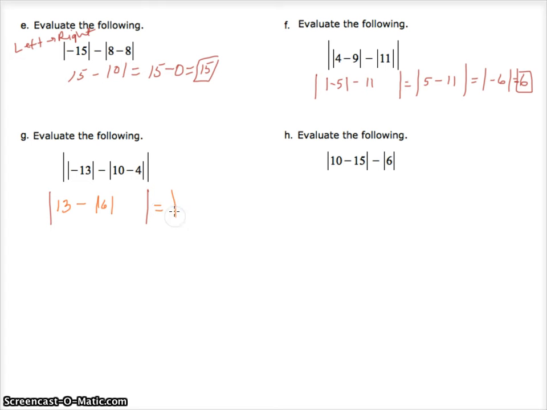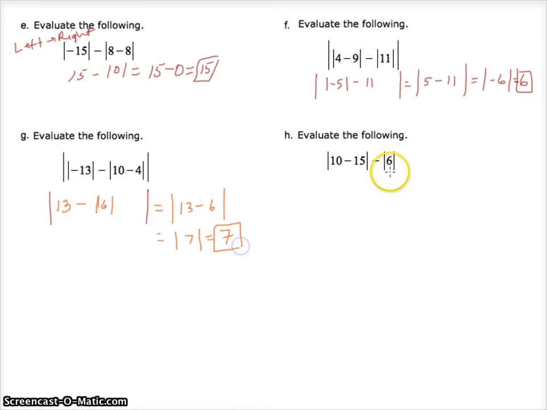So let's put our big absolute value bar back. So we need to do 13 minus the absolute value of 6, which is 6. So we need the absolute value of 13 minus 6. This equals 7. So we need the absolute value of 7, which we know is 7.